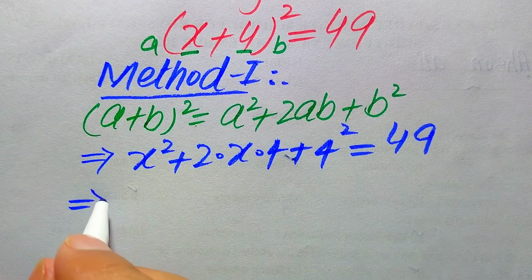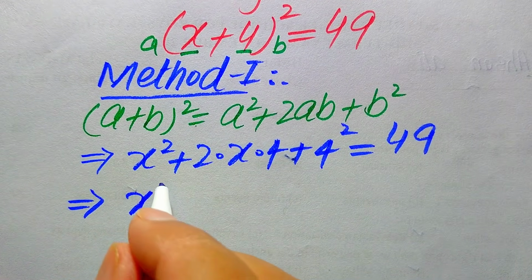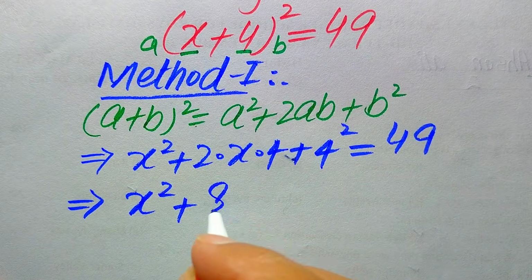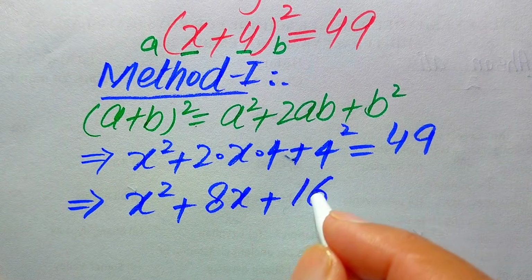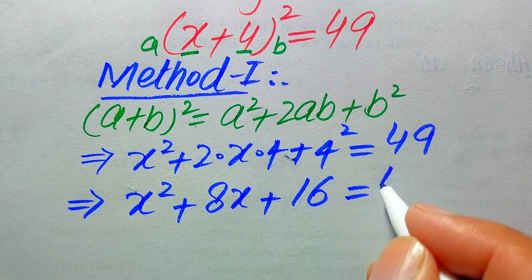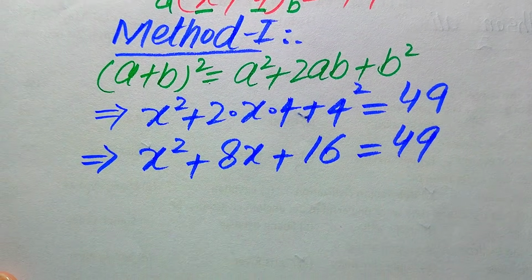And here we need to simplify the like terms, and we have x² + 2 times 4, which becomes 8x, plus 4², and 4² becomes 16, equals 49.